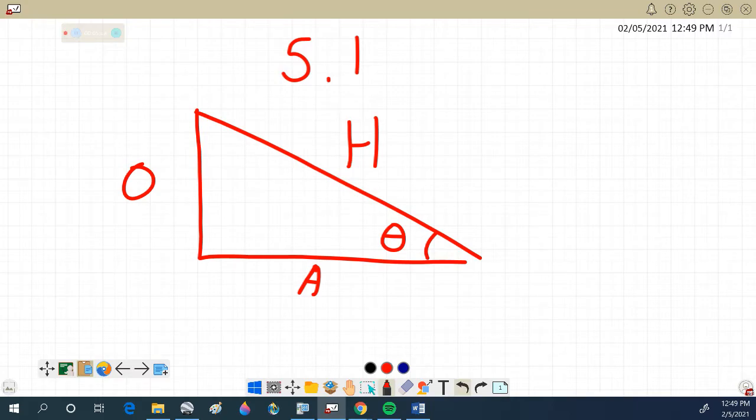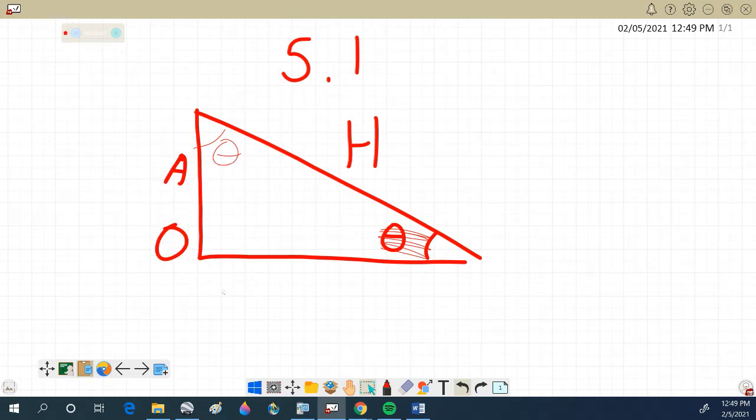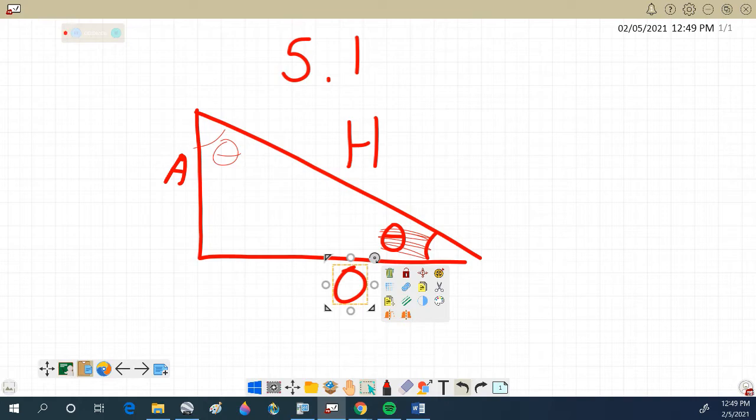All right? Well, what if I put theta on the other side? Then the O and the A are going to switch places. So this comes over here, and this comes over here. Okay? And when we deal with trigonometry, we use an angle, and then we pick two of the sides.